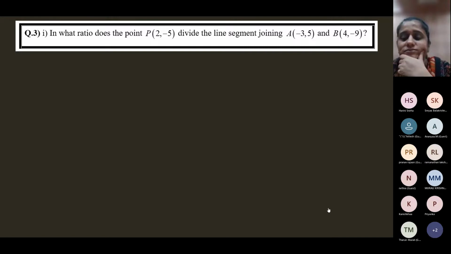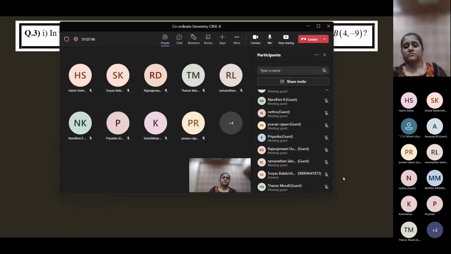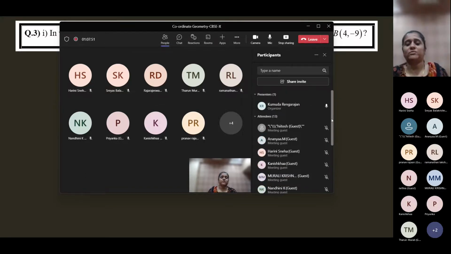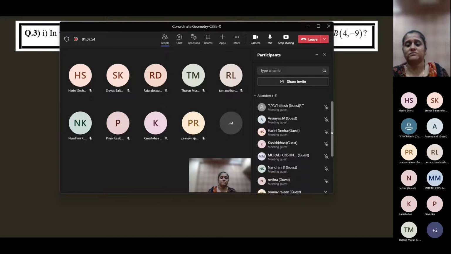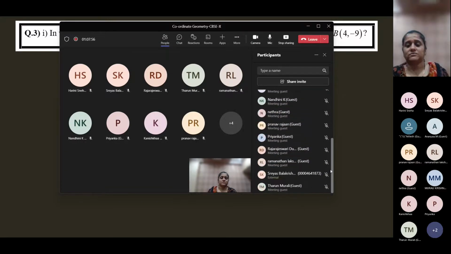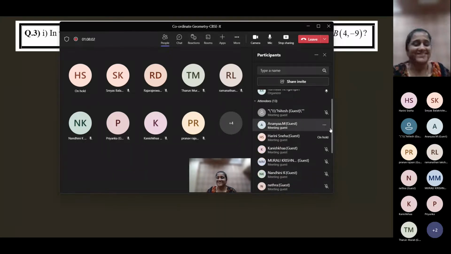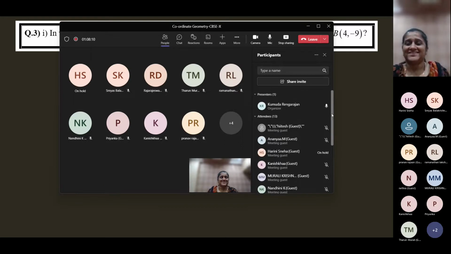Who can read? One of you read from your book. What have you written in your book? Such a disciplined class, you know. So disciplined, my God. I don't know, I can only laugh. One of you, please read out what you've written in your book.